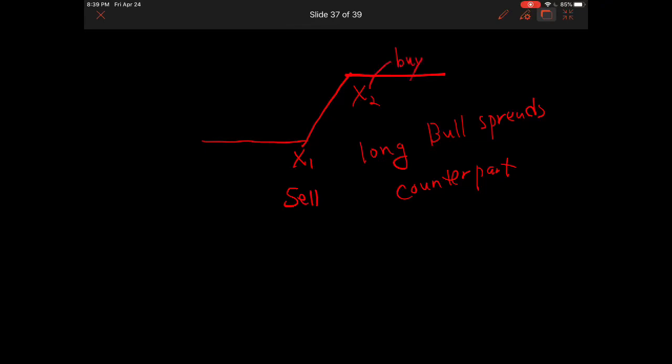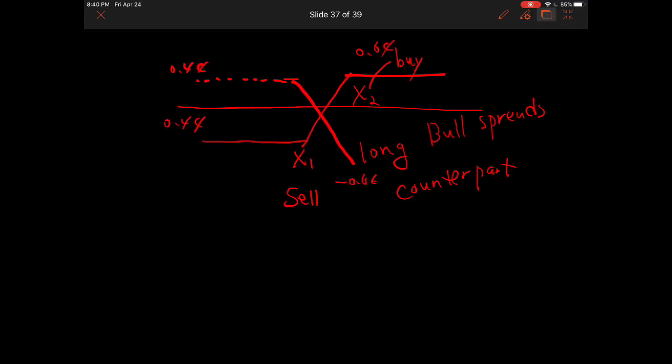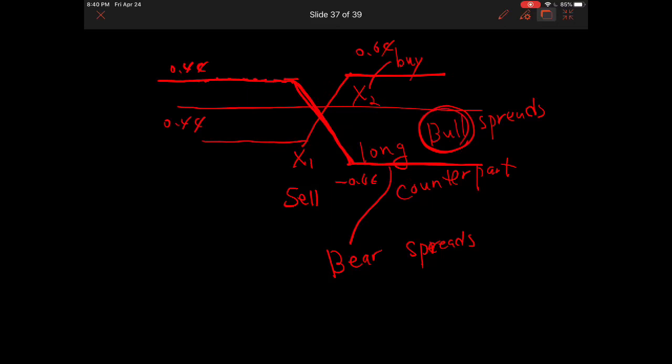So as I said, this is a zero-sum game, right? If you lose 0.4 cents, the other guy is gaining positive 0.4 cents. If you start to gain, he starts to lose. Up to where? Your maximum is 0.6 cents. What about him? Minus 0.6 cents, right? And this corresponds to the bear spread. The antonym of bull becomes bear, the antonym of bear becomes bull, right?